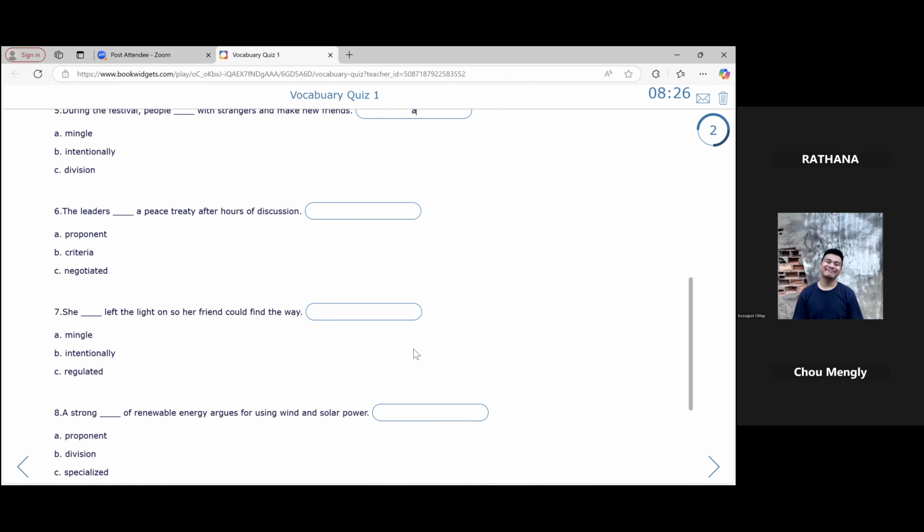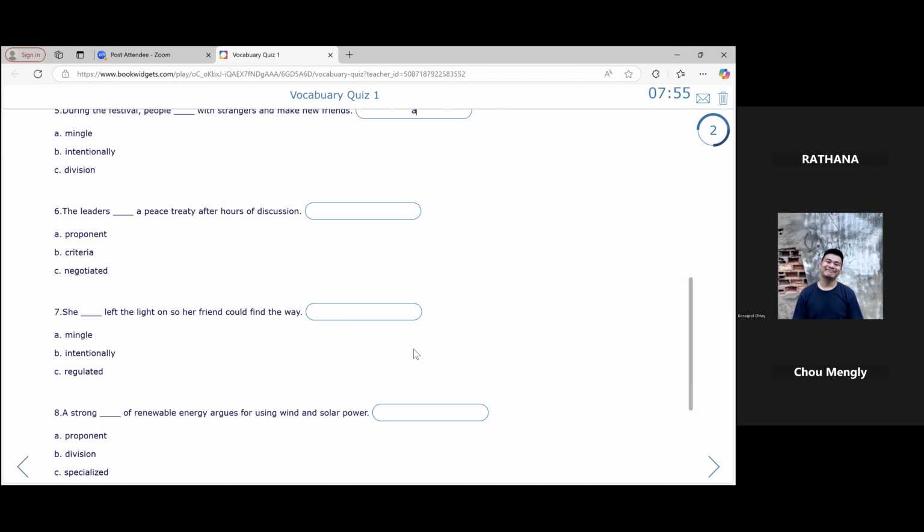Number 6. The leaders appear strategy after our discussion. A, what does it mean? It means supporter, right? Oh yes, proponent means supporter.